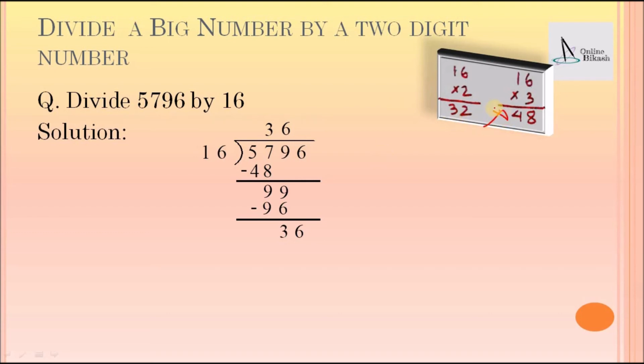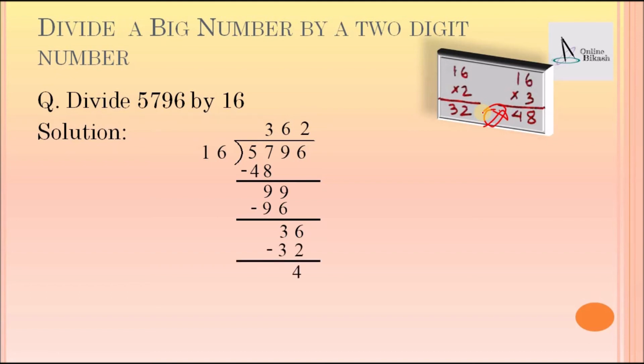Yes or no? In this section, the 36 will lie. So we will choose the smaller one, the 32. That will be our best option. 16 2s are 32. So let us write this. Now if we do the subtraction, 6 minus 2 is 4.